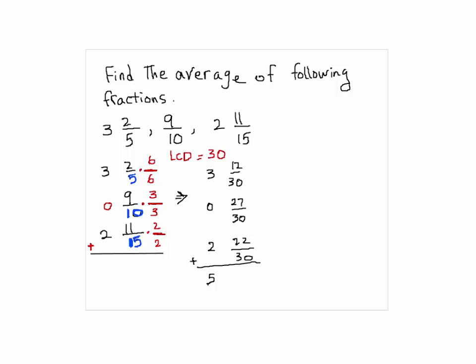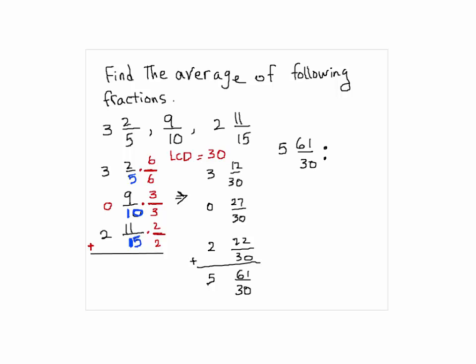So what would be the fraction portion when adding the mixed numbers? Anyone? Okay, Donna says 61 over 30. Okay, very good. So now we need to take this number and divide it by 3 to give us the average.